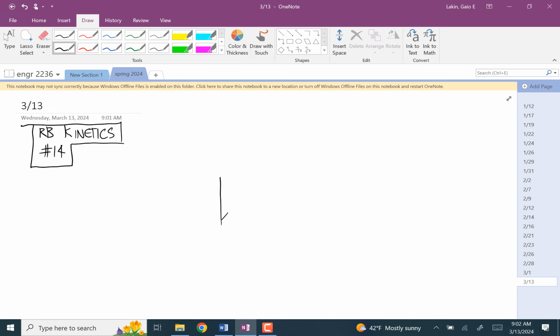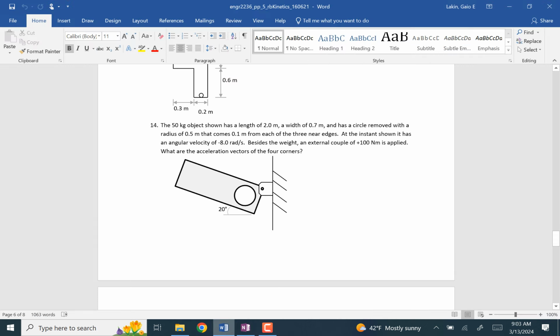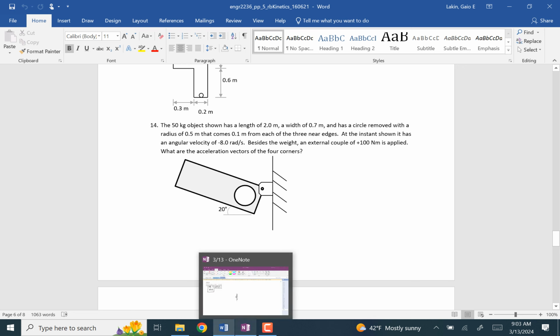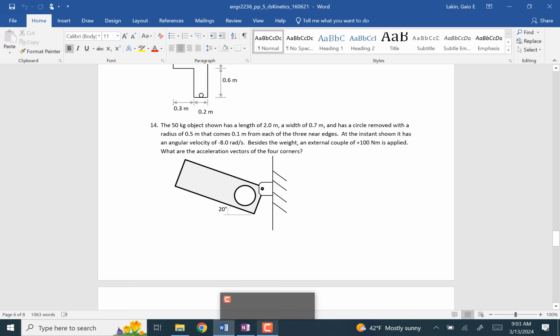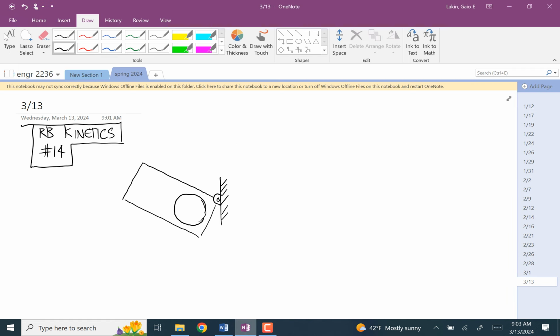You have a wall with a hinge, and a body like this with a circle removed. And this angle here is 20 degrees.